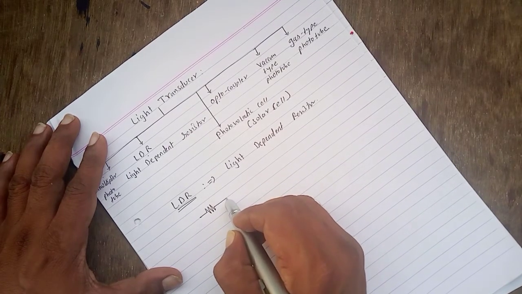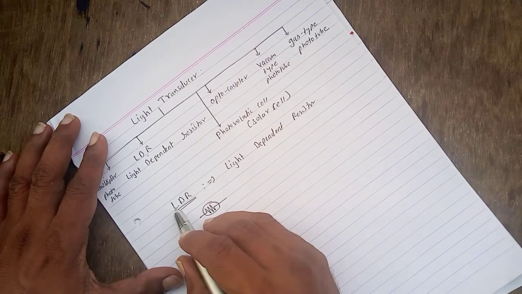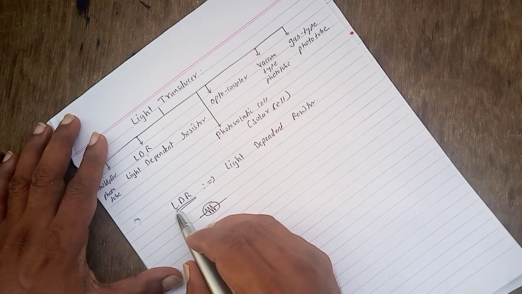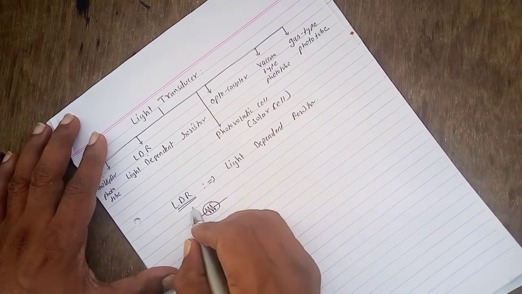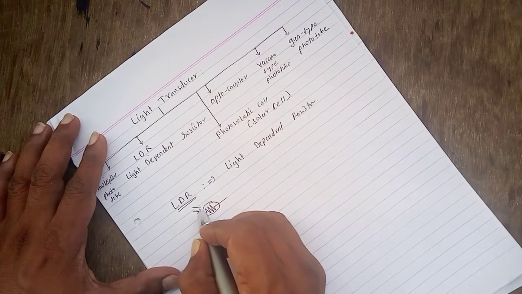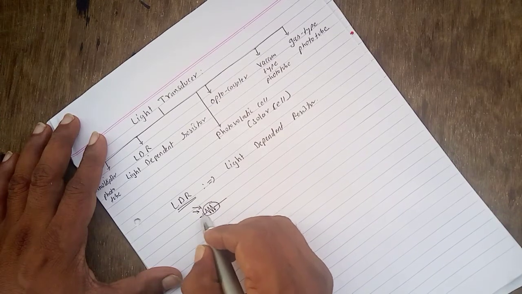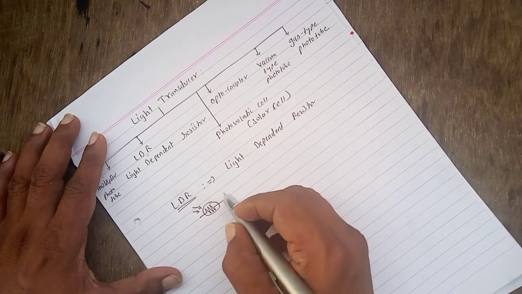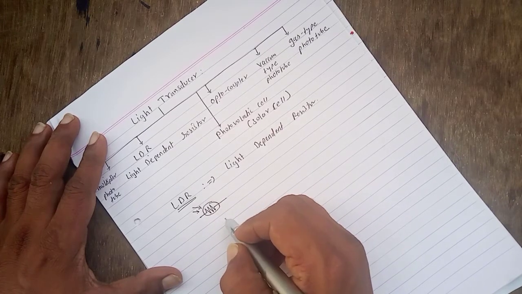This is the resistor. Here we have to make a circle like this, and as the name LDR means light dependent, you have to show the arrow here. Light is going to fall on this resistor, and due to that some changes will occur, and something will vary.